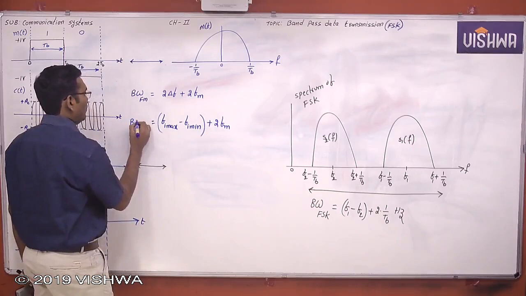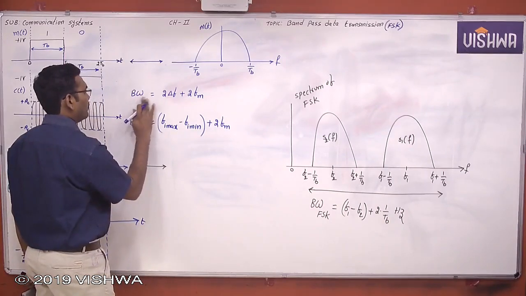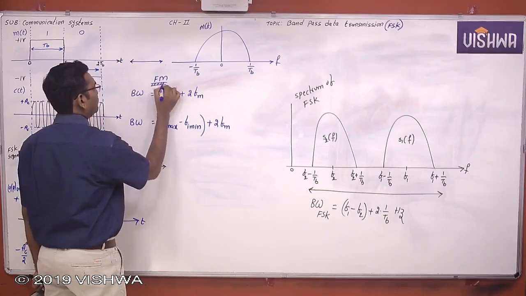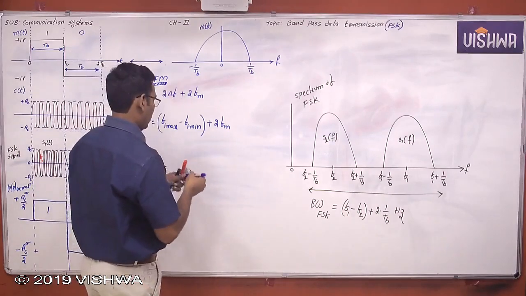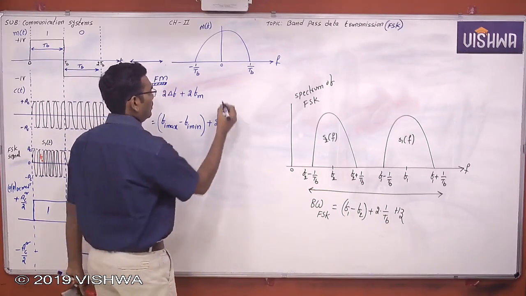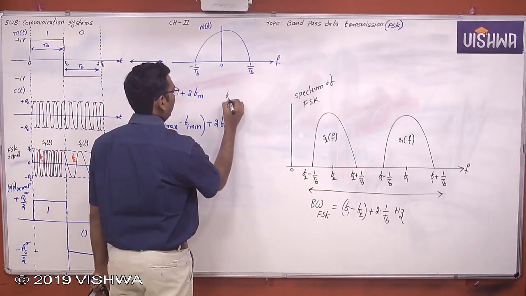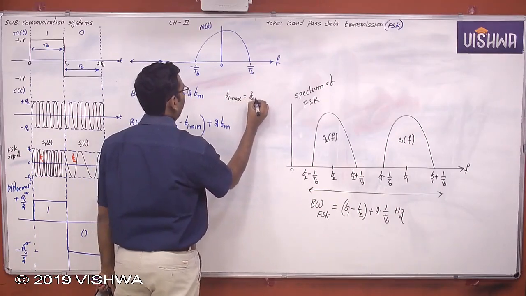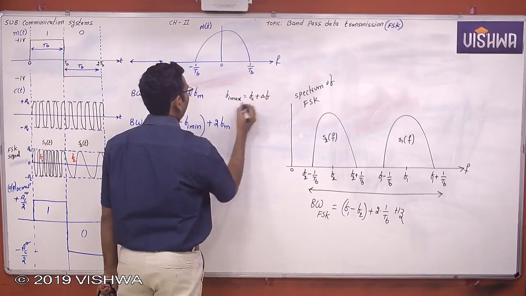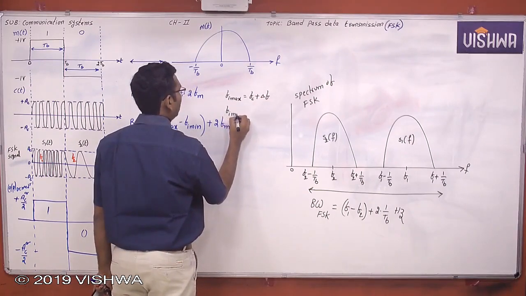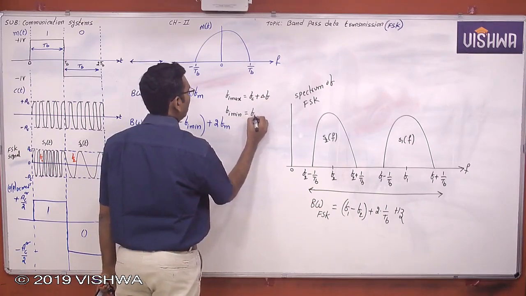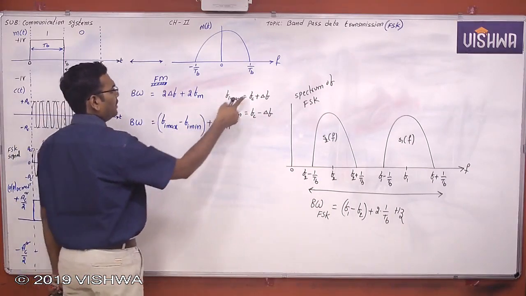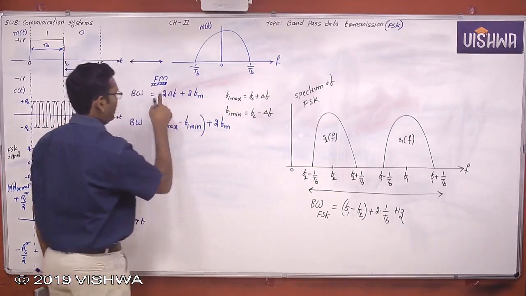This is the bandwidth in the case of frequency modulation, FM. Because Fi max is equal to Fc plus delta F, Fi min is equal to Fc minus delta F. Therefore, Fi maximum minus Fi minimum is equal to 2 delta F, which is matching.